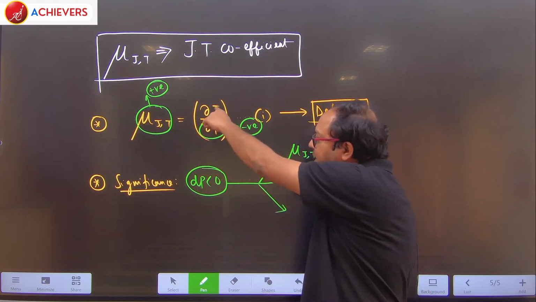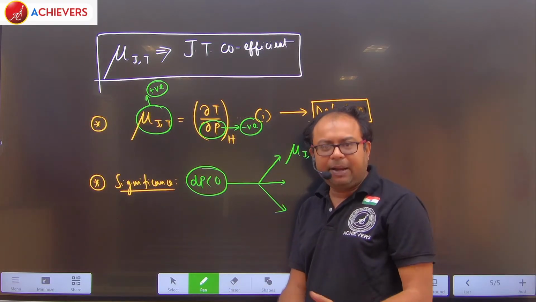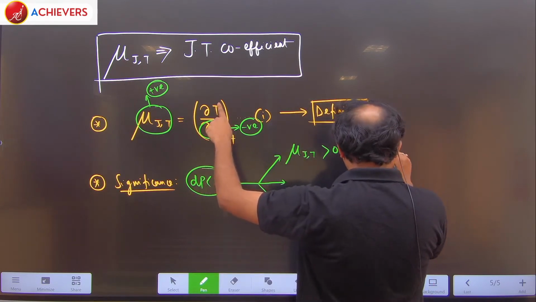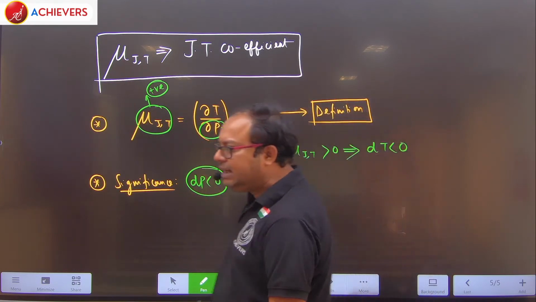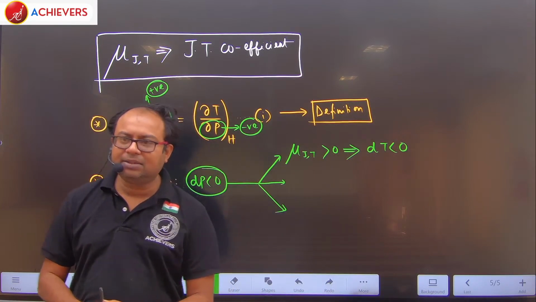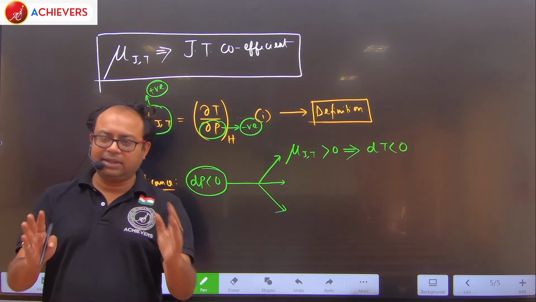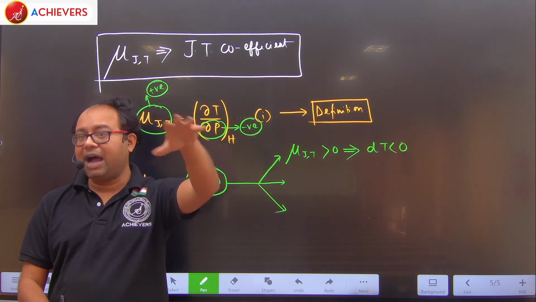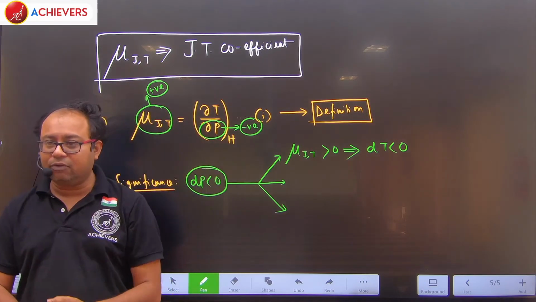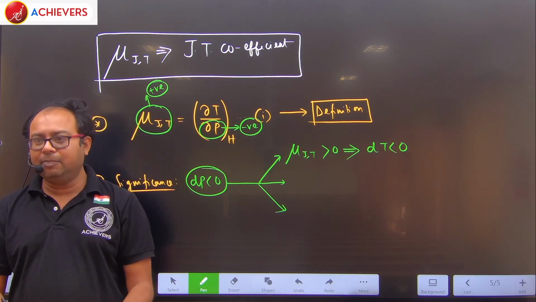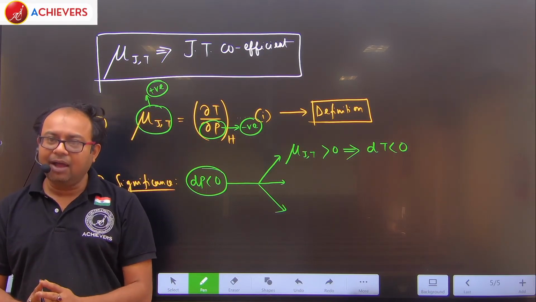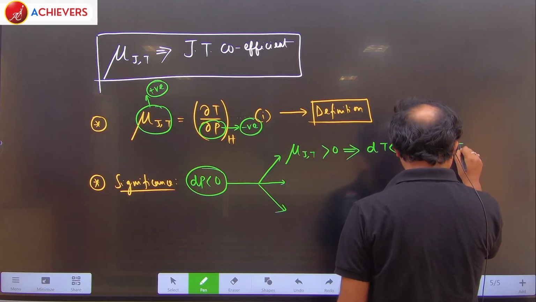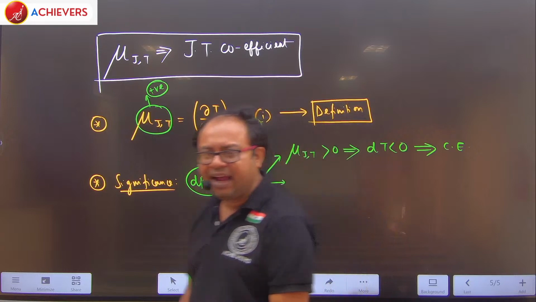That means dT has to be negative, because negative by negative is positive. If dT is negative, there is a cooling effect, because the final temperature is lower than the initial temperature. So this leads to a cooling effect. CE means cooling effect.